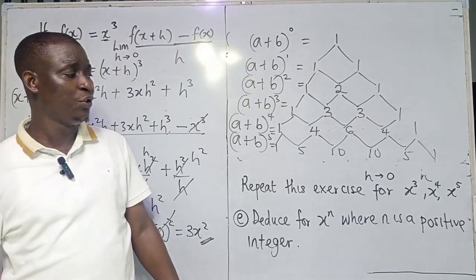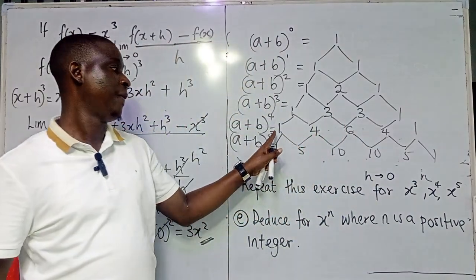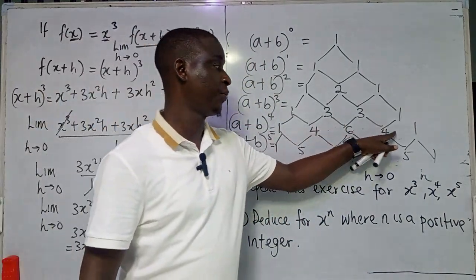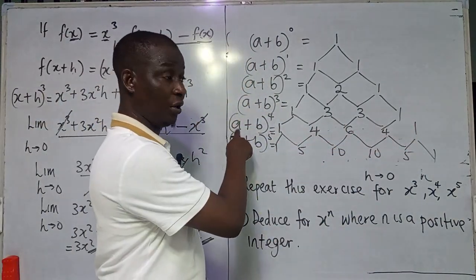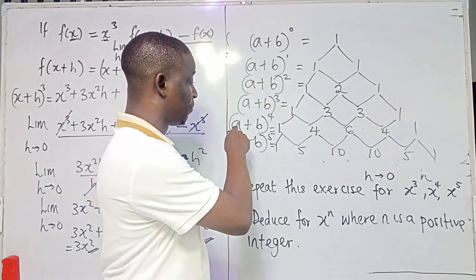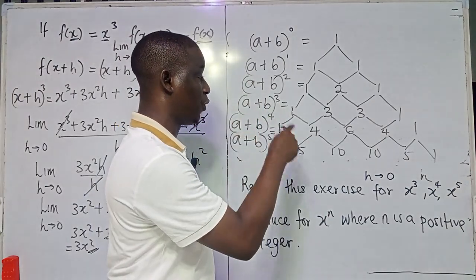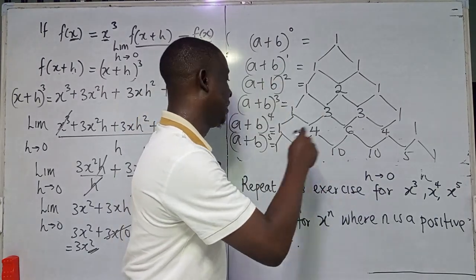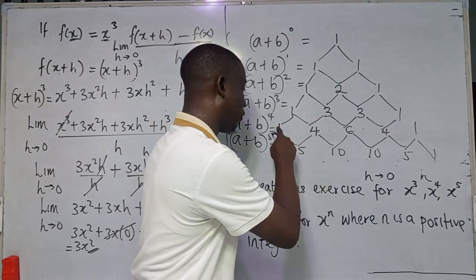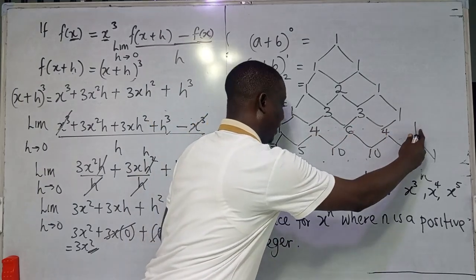Now, in my next video, I want to try s to the power 4 and s to the power 5. Using s to the power 4, you use this expansion where s is your a, h is your b. Then you drop the power down. This one will start from 4. s will go s to the power 4, 3, 2, 1, 0.